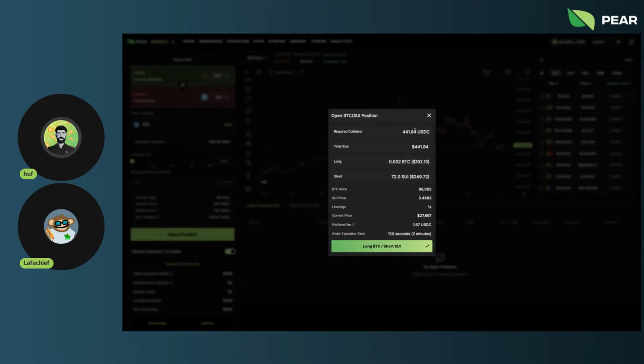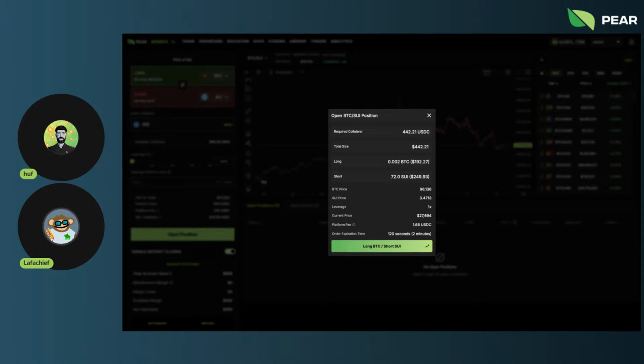So I'm going to do this trade. It's telling me that I need to have only $400 of collateral. It does some rounding to the nearest amount, so I can't do exactly 250 of Bitcoin. I think it's got unit levels. Are there minimum tick sizes I can trade, Lafa, on Bitcoin?